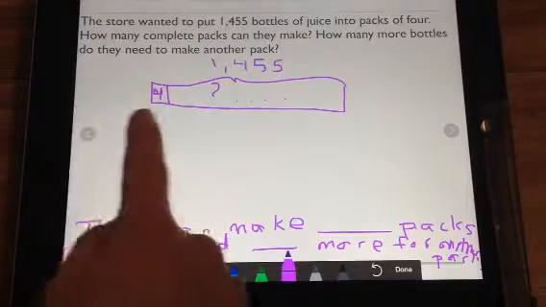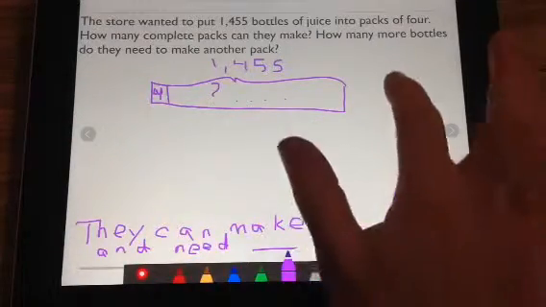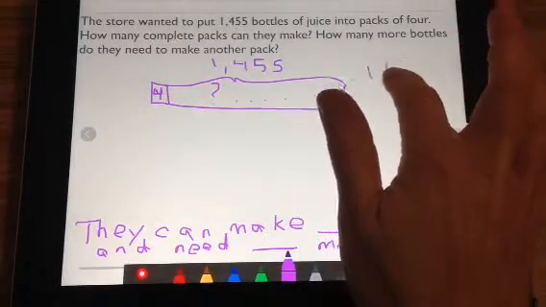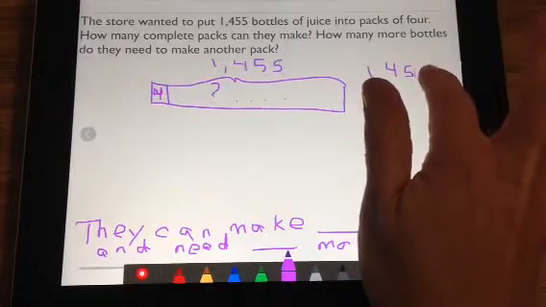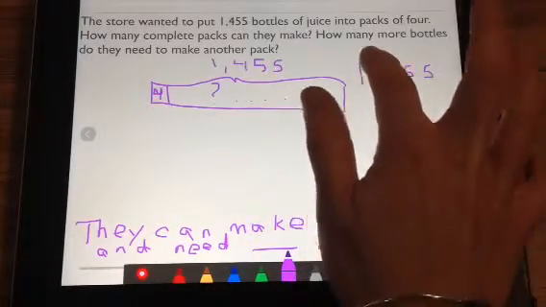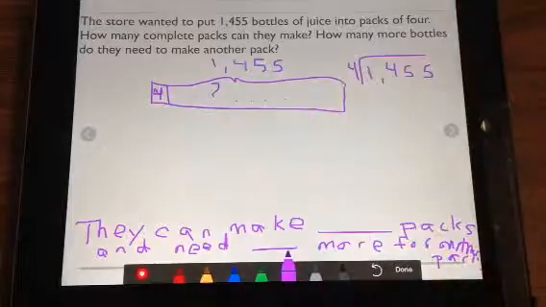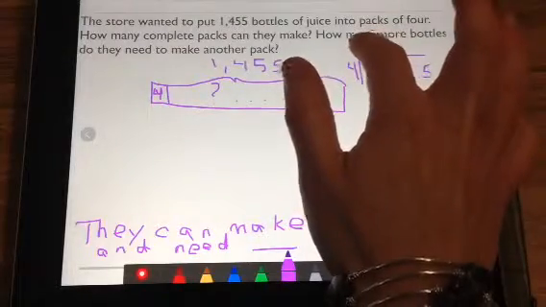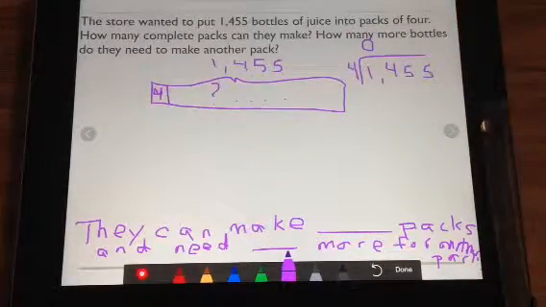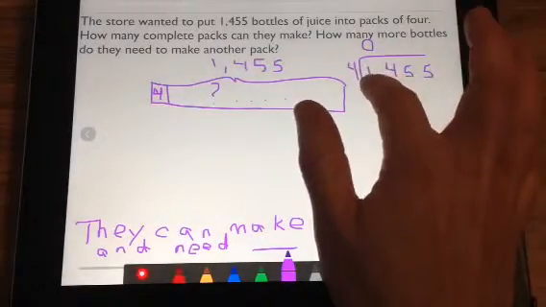In order to figure out how many packs I need, I'm going to take my 1,455 and divide it by 4 in each pack. I know that my 1 cannot break into 4 equal groups, so that's going to be a 0. If you don't even need to write that, or you want to just put an X there, you can. 0 times 4 is 0.